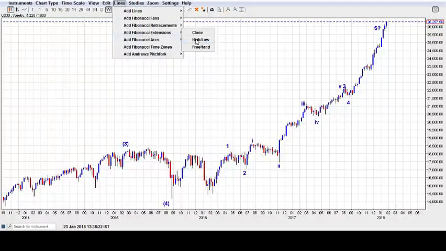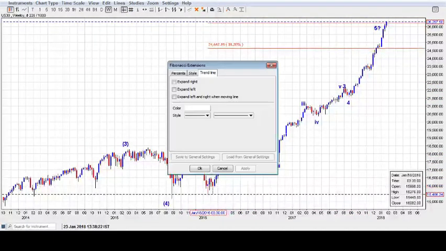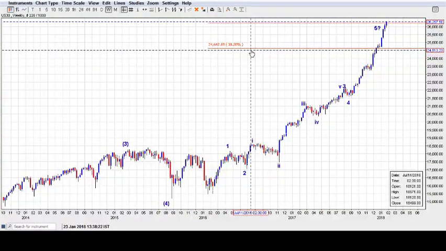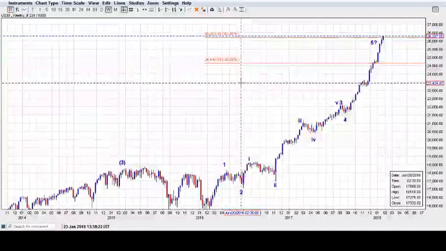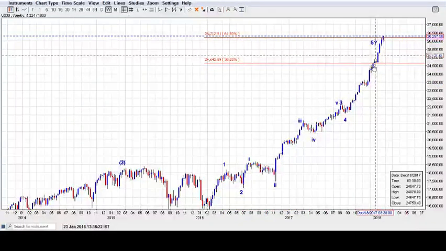If we take a Fibonacci extension of waves 1, 2, and 3, it has also already exceeded the 38.2%, and it's right at the 61.8% mark.